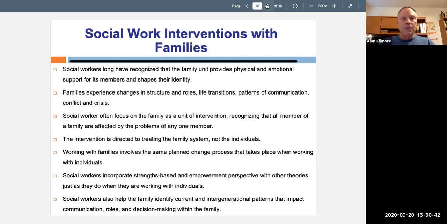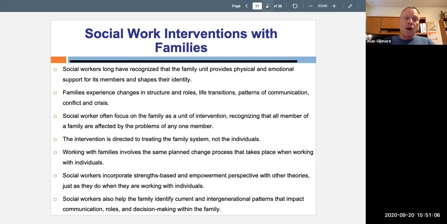So families experience change in structure and role, life transitions, patterns of communication, conflict, and crisis. We certainly see families evolving and changing, people coming and people going, and all of that can result in problems in terms of people in their environments.